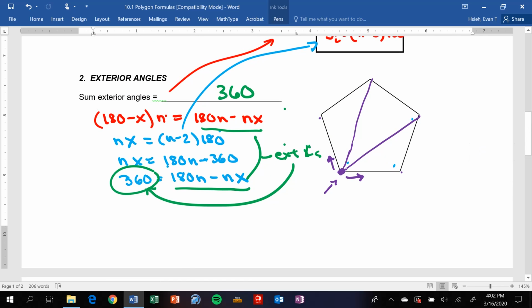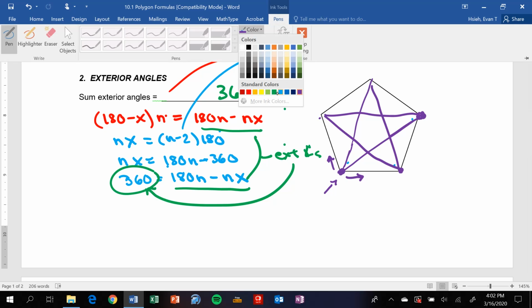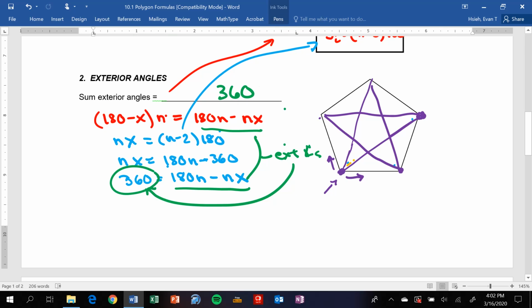So here's one diagonal from one vertex. From a second vertex, I can draw a diagonal this way and another one this way. And then from here, I can draw one this way, but this one here we already drew going in the first direction.